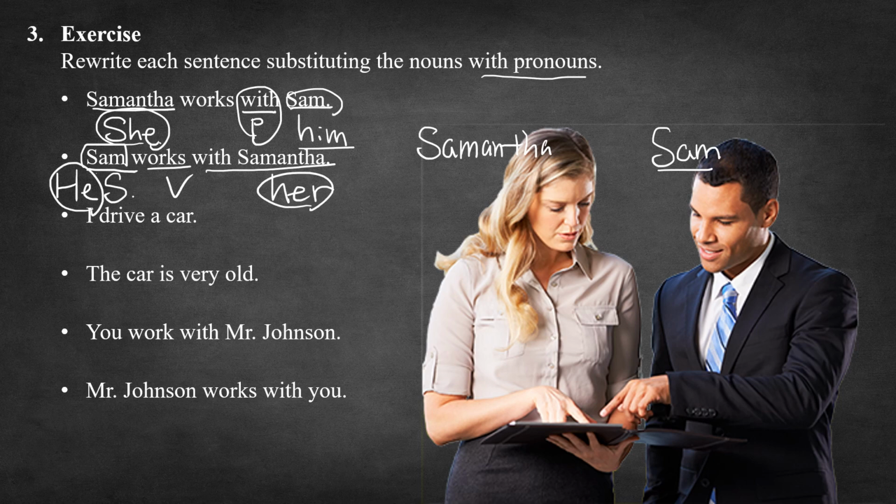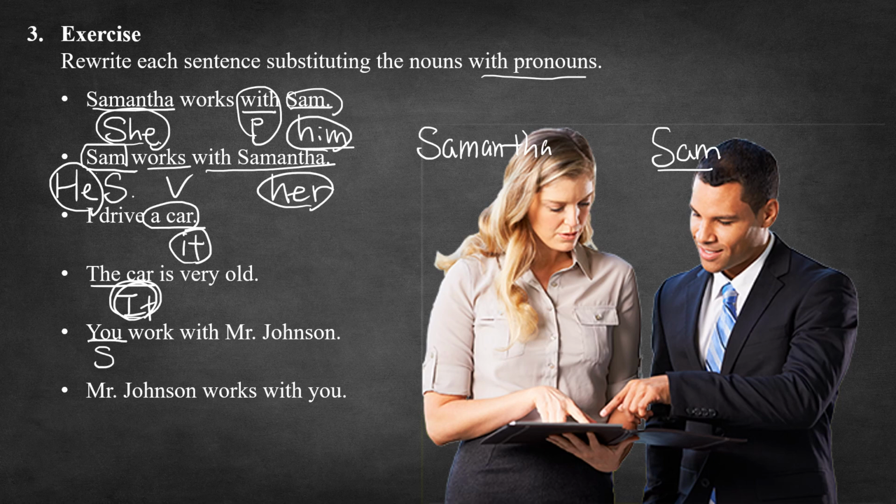Sam is he here, and him here. I drive a car. I is always I. Drive a car, it. The car, it. It is very old. This is object. This is subject. So you don't know which one, but in the context, we can say that this is objective and this is subjective.